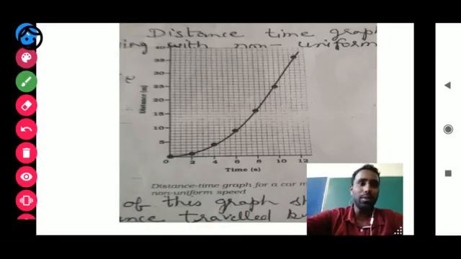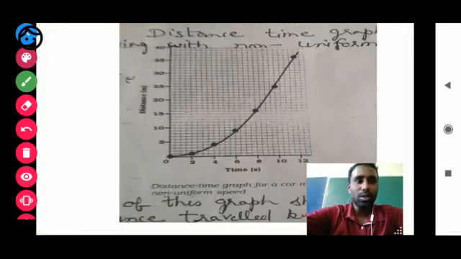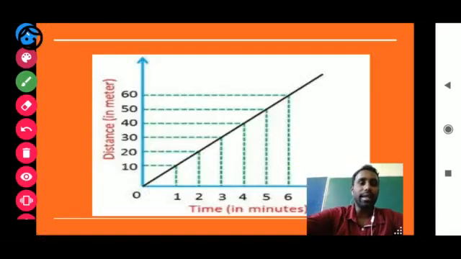What is the difference between the uniform motion and non-uniform motion graph? Can you understand? See, look at that. First, what we have seen for uniform motion is a straight line graph. If you join all the points, you get a straight line.